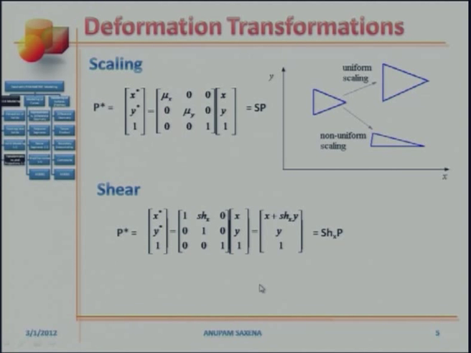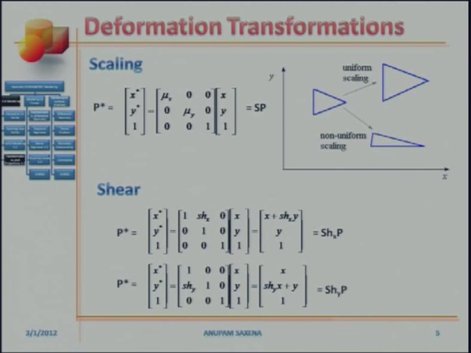Once again, this is a case of shear along the x direction. If we want to shear a two-dimensional object along the y direction, we need to make minor modifications in the shear transformation matrix.